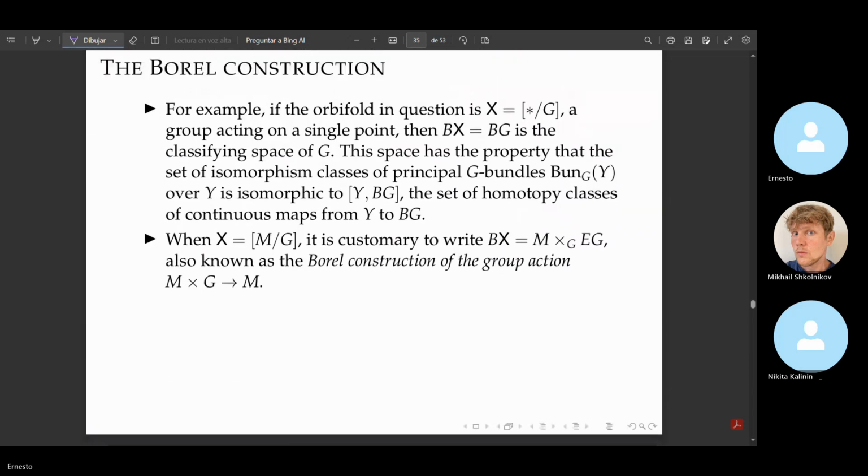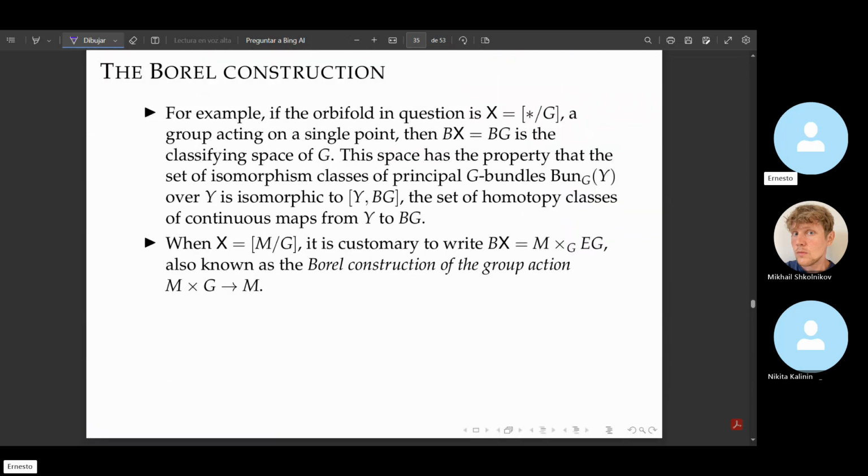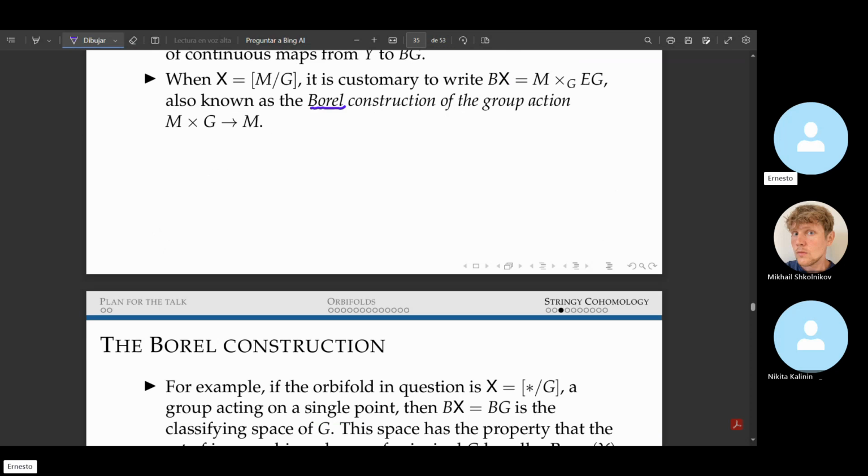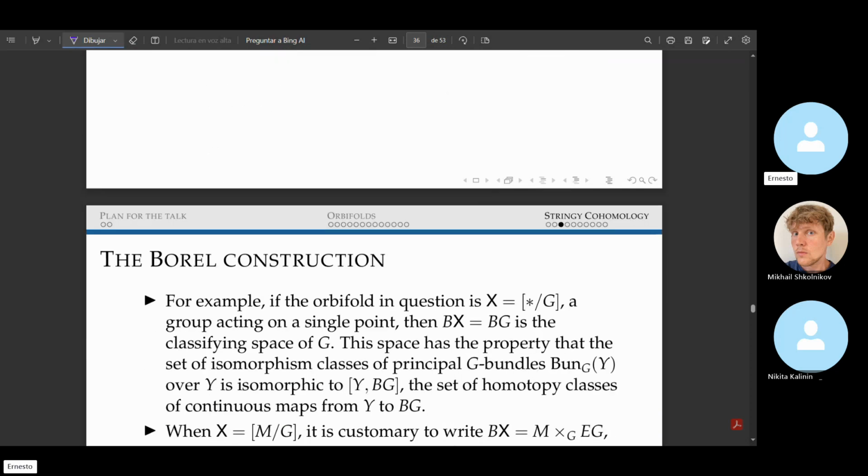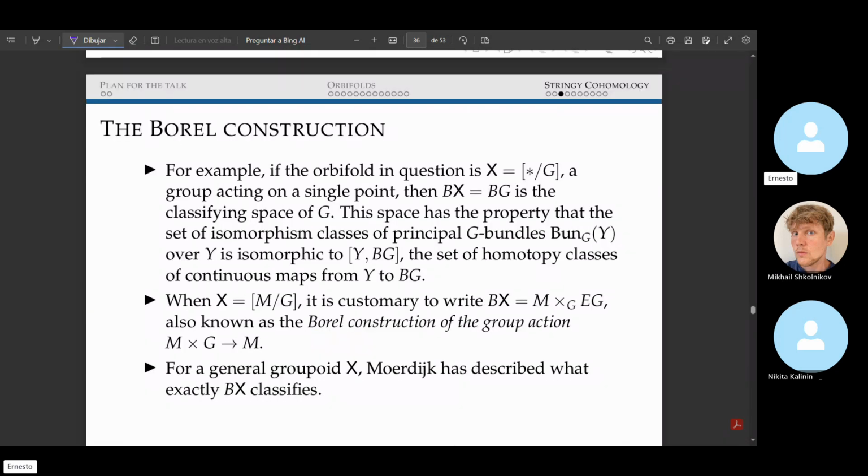In the case of M mod G, this is called the Borel construction of the group action, and is the famous M cross EG divided by G. And that is equivalent, homotopy equivalent.